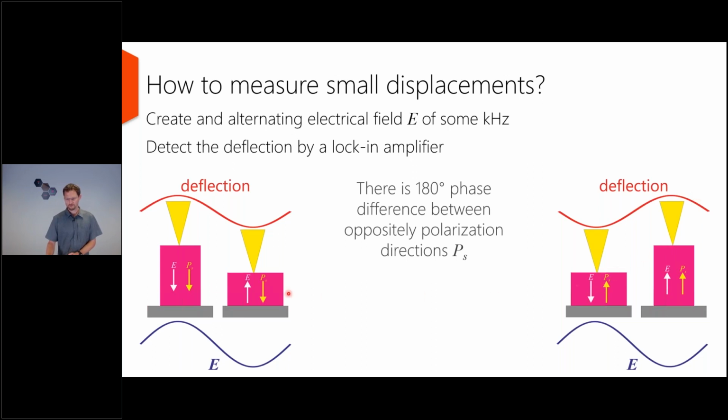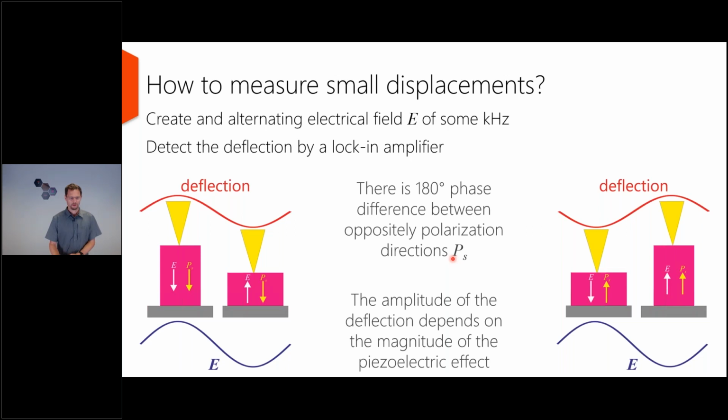If you have a sample with different polarizations in it, you can see there should be 180 degrees phase shift between oppositely polarized directions. And that's also what we can measure with the AFM. In addition, as mentioned, the amplitude of the deflection will depend on the magnitude of the piezoelectric effect.